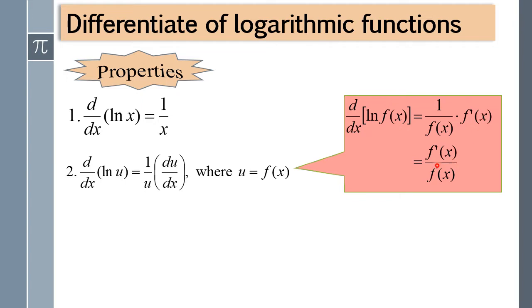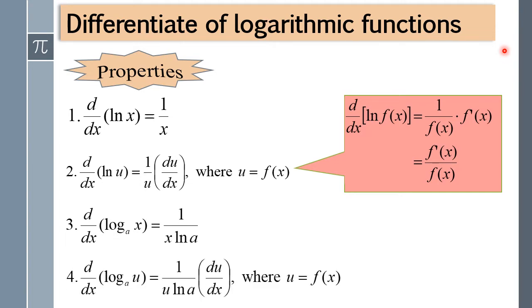So the answer is f'(x) over f(x). The third one is d/dx log x base a equals 1 over x ln a, and the last one is d/dx log u base a equals 1 over u ln a times du/dx, where u is equal to f(x).